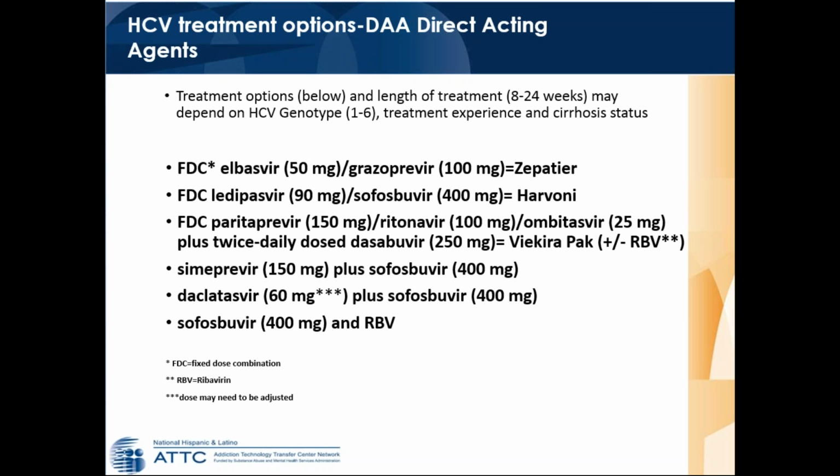There are fixed dose combinations, that is what FDC means, and these are some examples: Elbasvir and Grazoprevir, which is Zepatier. You have probably heard about Harvoni, which is a combination of Ledipasvir and Sofosbuvir. And you probably have heard about Viekira Pak, which combines different medications, Simeprevir, Sofosbuvir, Daclatasvir, Sofosbuvir, and then Sofosbuvir and Ribavirin.